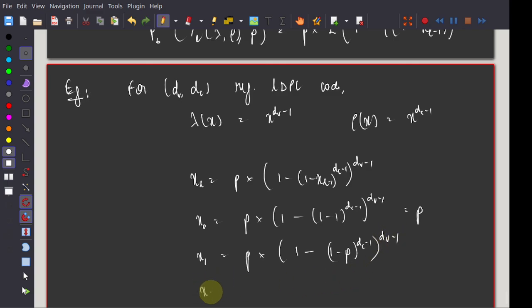And similarly, you can look at x2, which is p times (1 minus (1 minus x1) raised to dc minus 1) whole raised to dv minus 1.